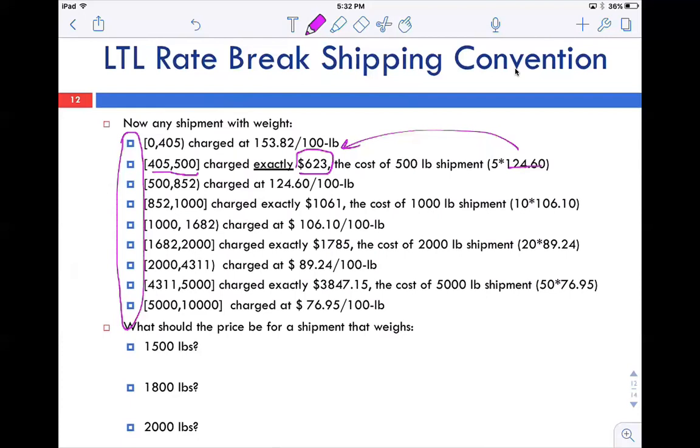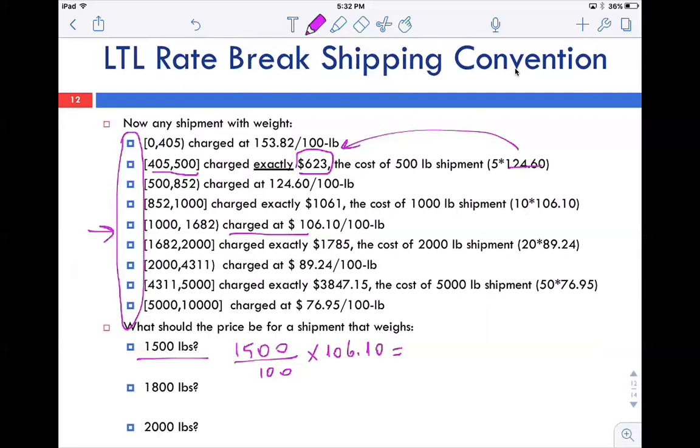$623. Well, according to this mechanism, then what should be the cost of 1,500 pounds? Well, let's look at 1,500 pounds category. It is right here. And according to this information, it is going to be charged at 106.10 per 100 pounds. Well, we do have this times 106.1, right?